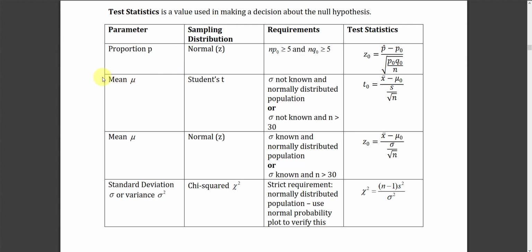We are testing the parameter, which is the mean in this case. The standard deviation sigma is not given, and the sample size is bigger than 30, so we can use the student t distribution, and the test statistic is t equals x bar, the mean of the sample, minus mu naught, over s over the square root of n.